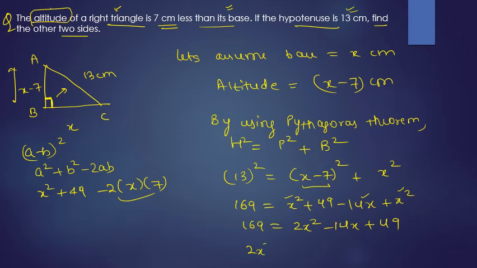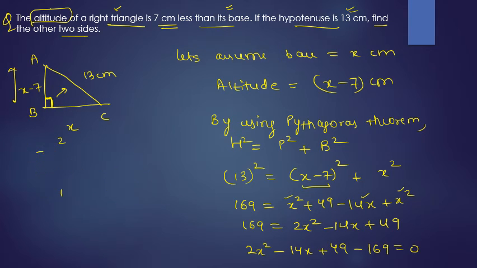If you take like terms all together, 49 minus 169. By solving that, you will find the equation has turned into this shape: 2x square minus 14x.